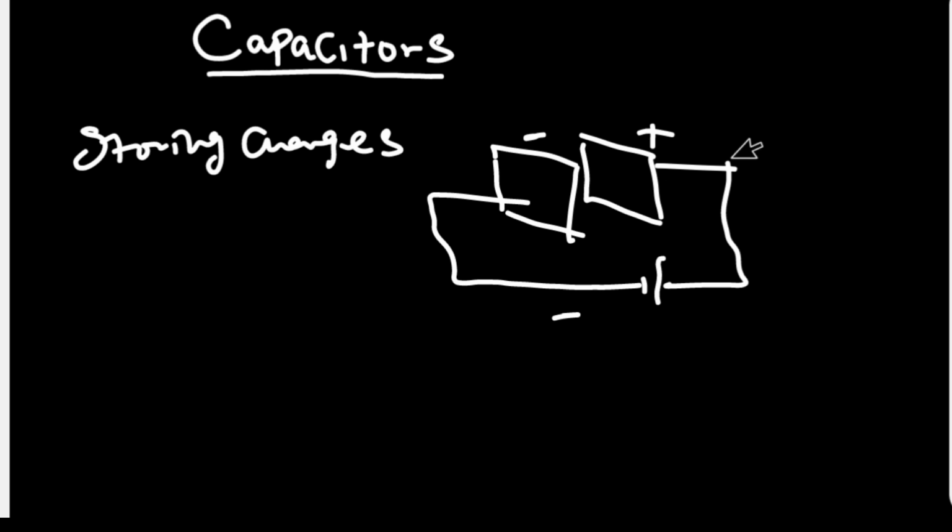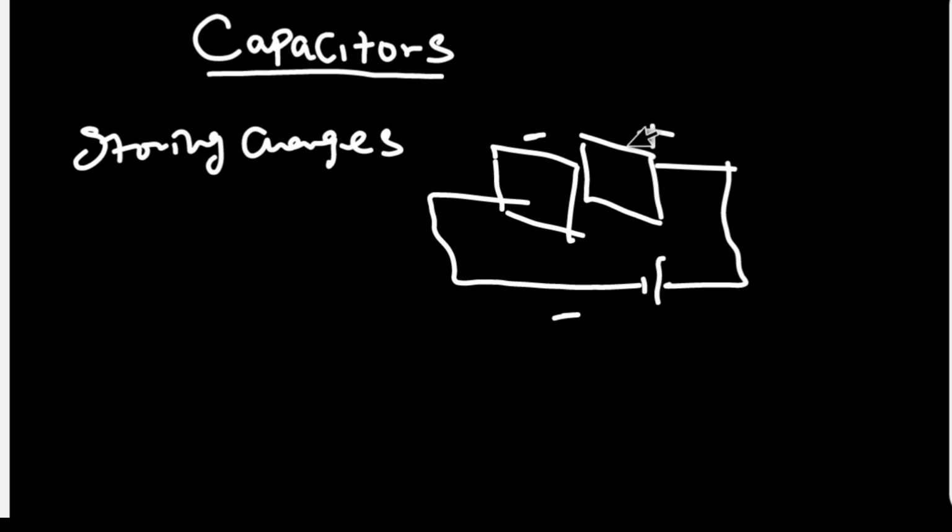So on the positive side you have charges, and on this side we have charges, and there will be a field between them. Since we have positive and negative, there will be a field between them. So that field, even if the voltage is off, is still there.